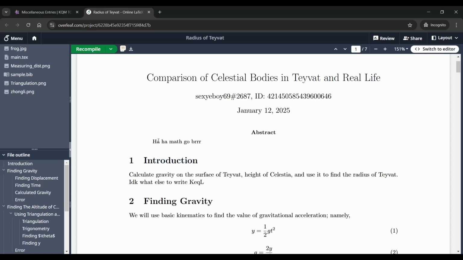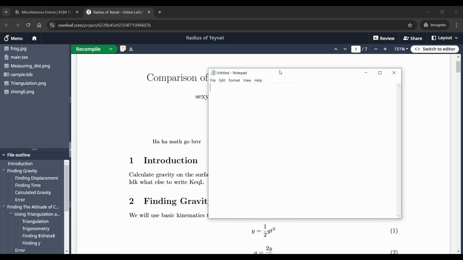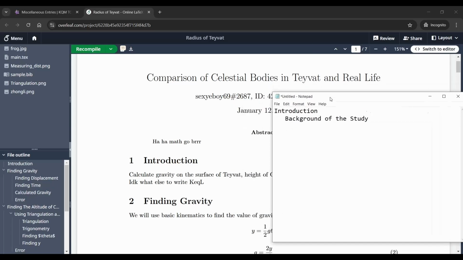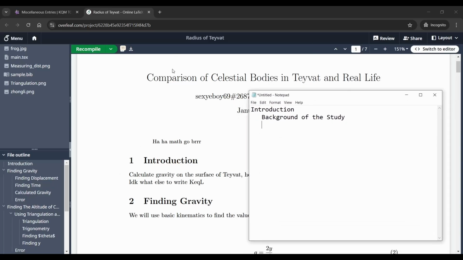What exactly do I mean by that? Well, if you take a look at an actual introduction, typically you'll have something called the background of the study. This basically provides the history, or just the basic idea, leading up to this paper.